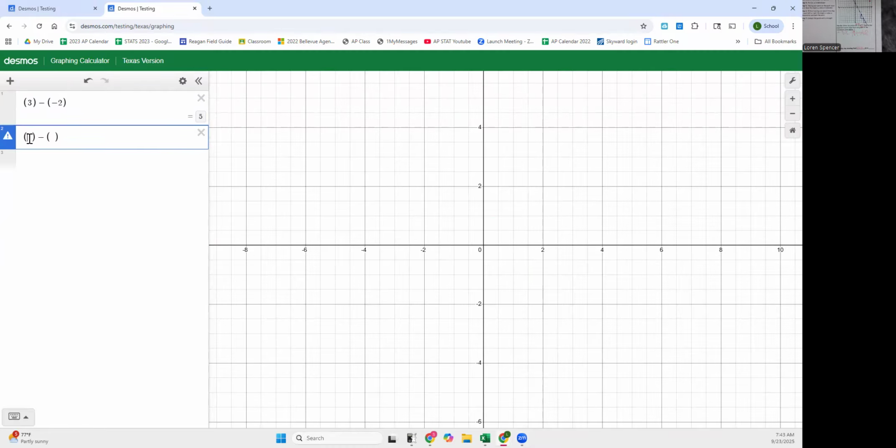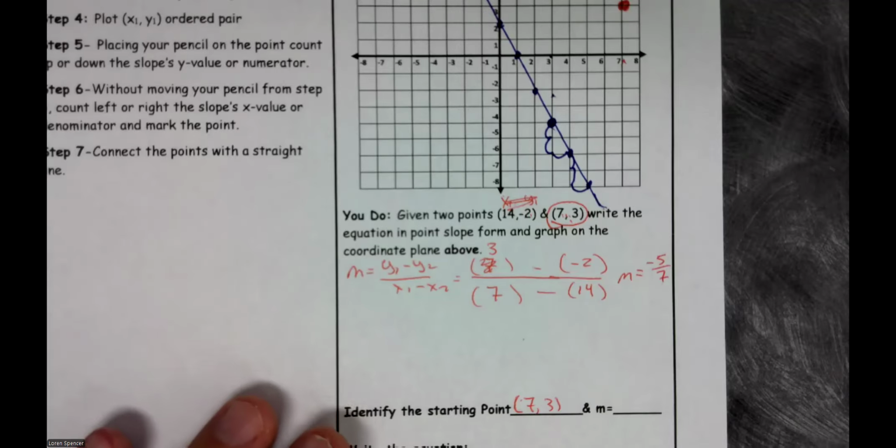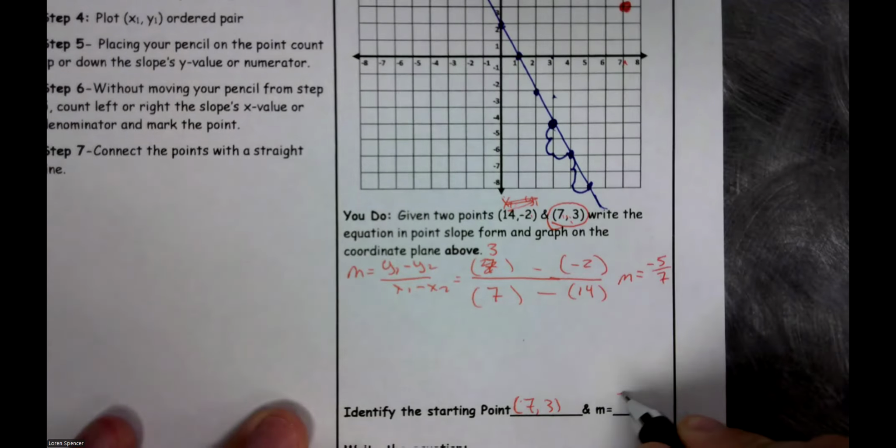This is 7. And this is 14. And we get 5 slash -7. That becomes an ugly decimal. We press this button to the right, left, and it's -5/7. So our slope is -5 over 7. Switching back. So we have -5/7 is our slope.